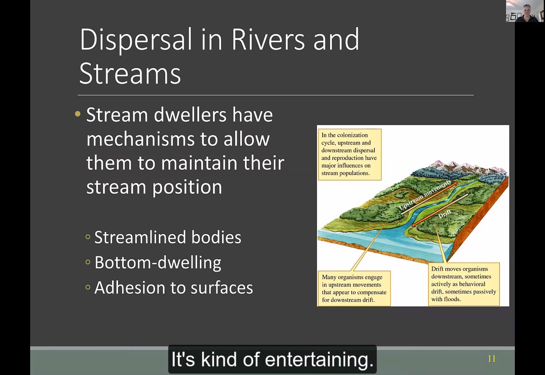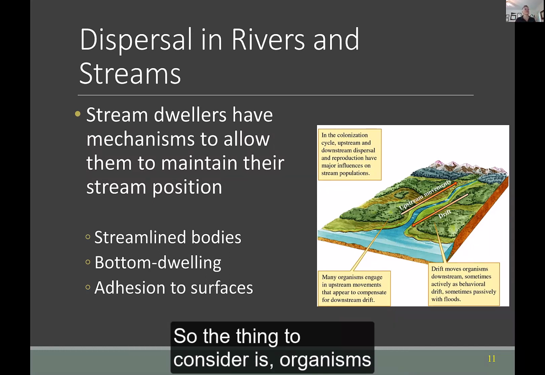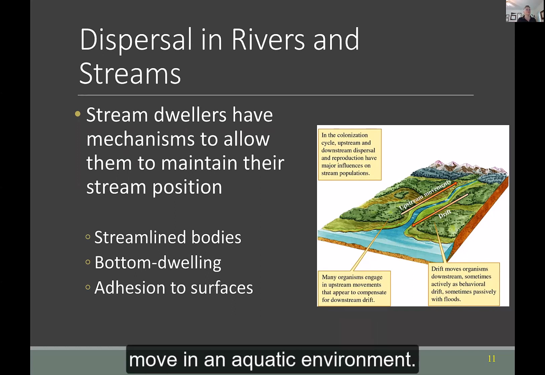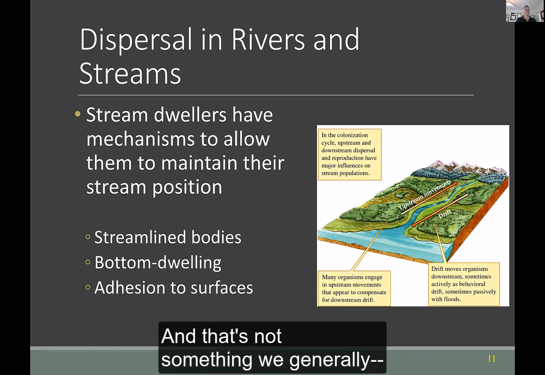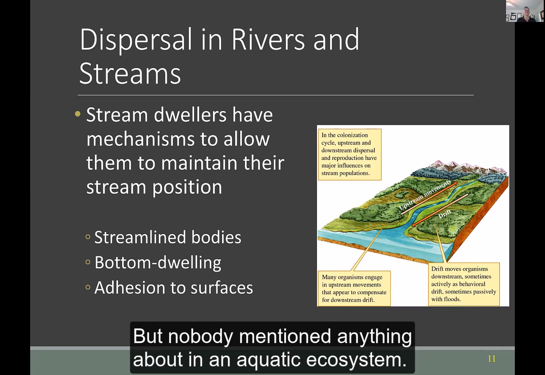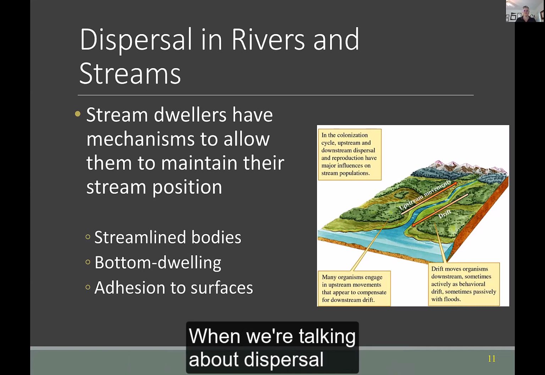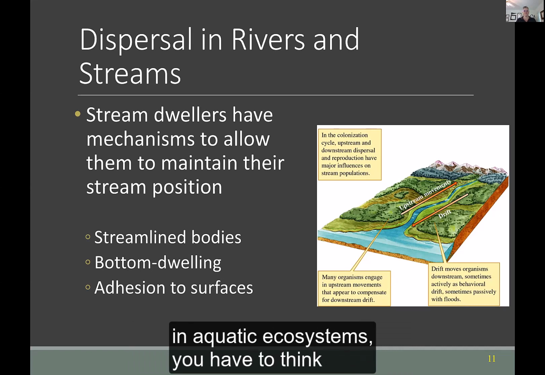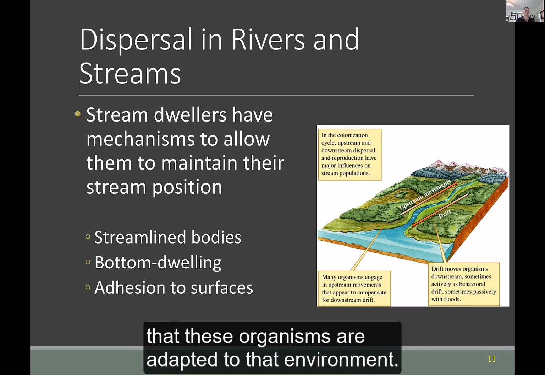It's kind of entertaining. So the thing to consider is organisms move in an aquatic environment, right? That's not something we generally think about. When I asked you about dispersal, you talked about wind and food supplies, but nobody mentioned aquatic ecosystems. When we're talking about dispersal in aquatic ecosystems, these organisms are adapted to that environment.